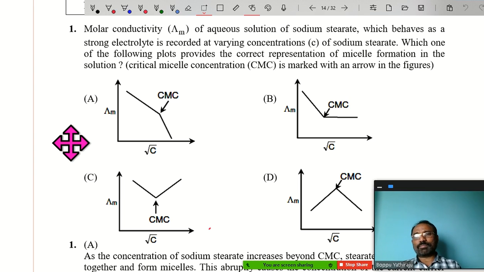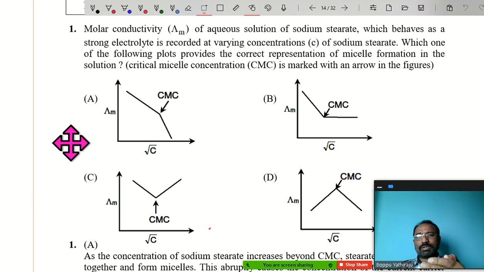In the A option, the plot is taken between lambda m and root c. Generally, if the concentration increases, molar conductivity decreases. So, when the concentration increases, the molar conductivity decreases slowly.